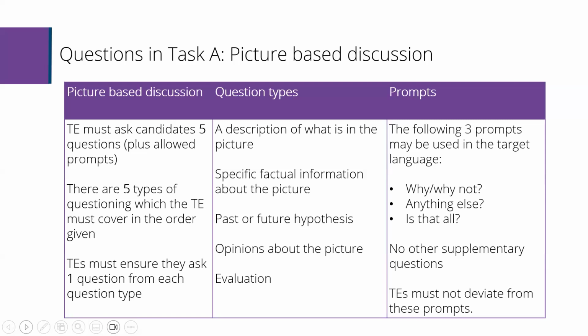And then we need opinions about the picture. So what do you think about the thing that's happening in the picture. If the picture is about maybe people playing football, do you think team sports are important? Okay. So what do you think about that? And then that evaluative one that goes a little bit deeper. So opinions about the picture. Do you think those people are going to win?